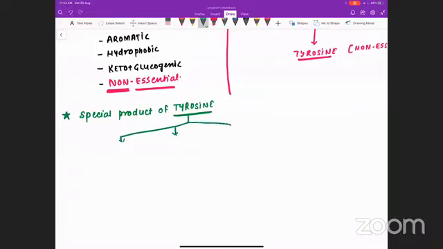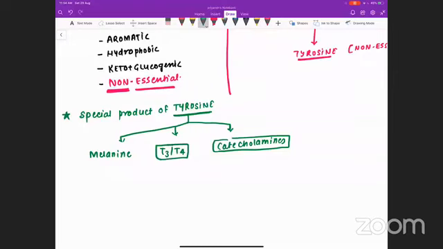The first molecule is melanin. The second is the thyroid hormones T3, T4. And last is catecholamines. These are the three special products of tyrosine.